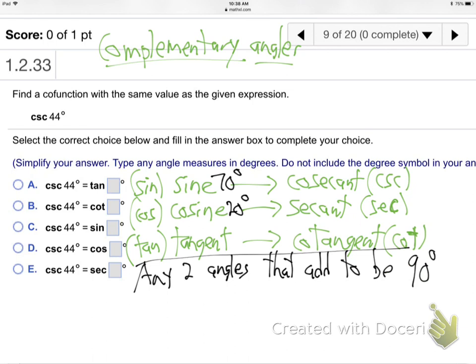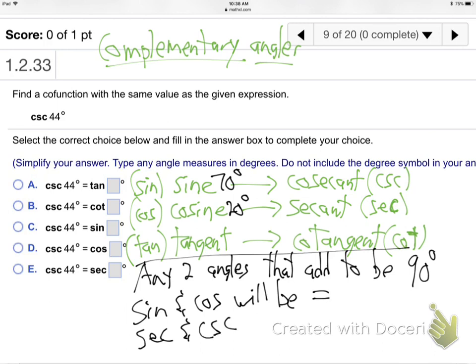The sine and cosine will be equal, or the secant and cosecant, any trig function and its co, and the tangent and cotangent. Get the idea?